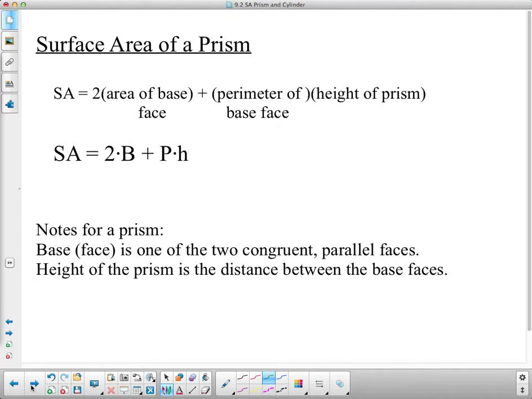Then to get the lateral area, you take the perimeter of the base times the height. That would be like wrapping all the rectangles around the base. That's why you take perimeter times the height.